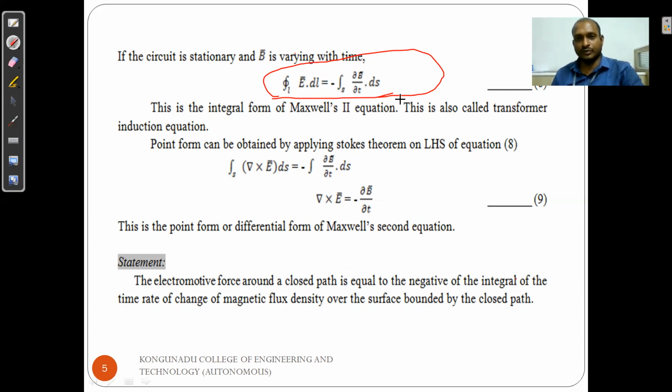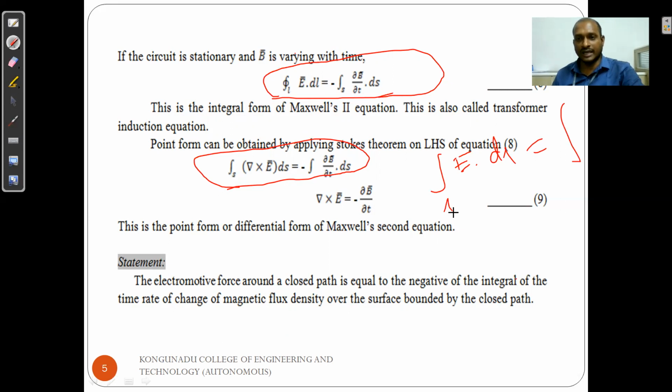So if you want to determine the point form, we go for the Stokes theorem. To apply Stokes theorem, surface integral del cross E into ds is equal to minus surface integral dou B by dou t into ds. So Stokes theorem is line integral E dot dl is equal to surface integral, that is a single integral.